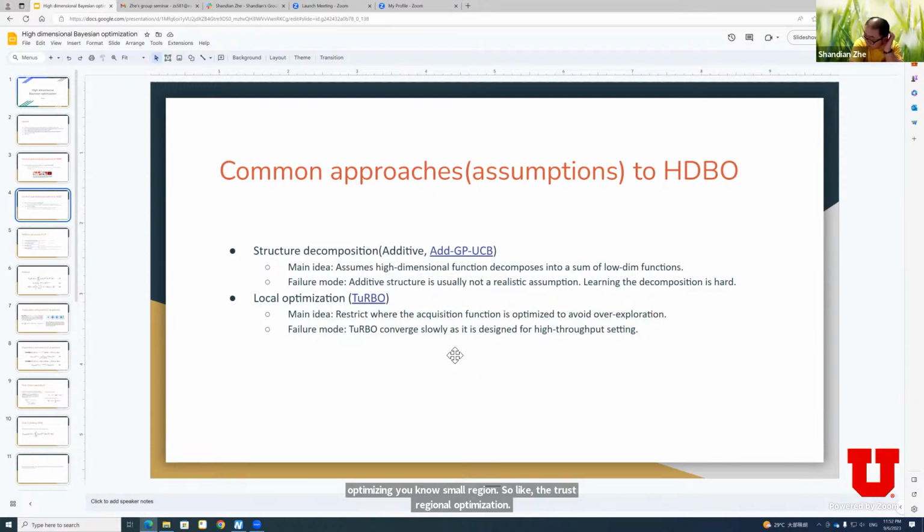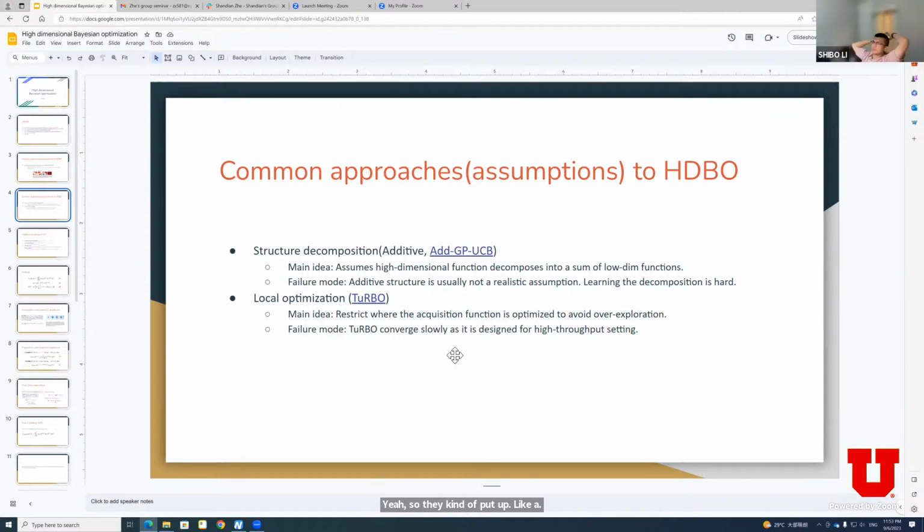So you mean they just pick a small subset of inputs to construct the GP? Yeah, they put an optimization bound. No, I think the trust region is not picking a subset of the variables.